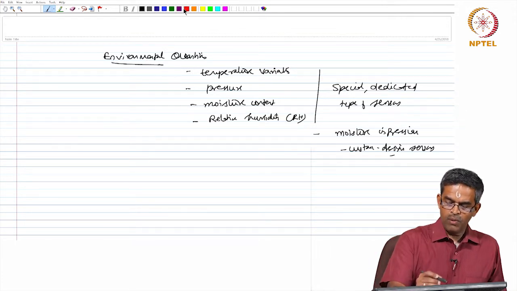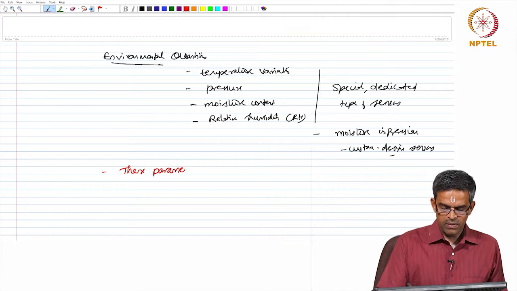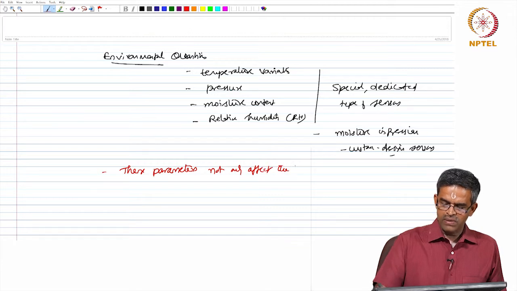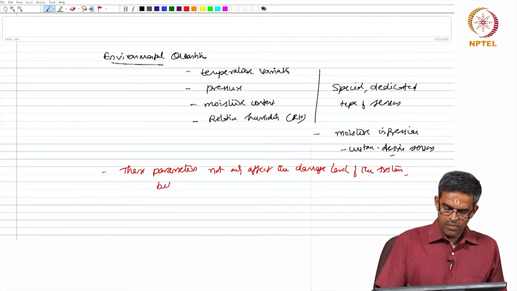But a very important statement: these parameters not only affect the damage level of the system, but will also have an impact on the operation of the sensors.